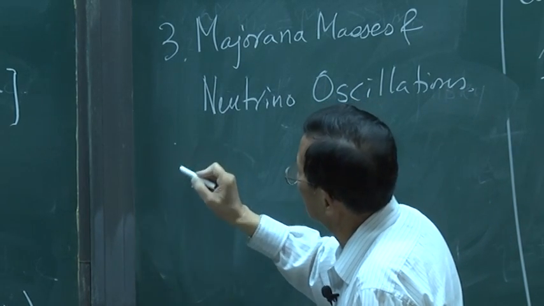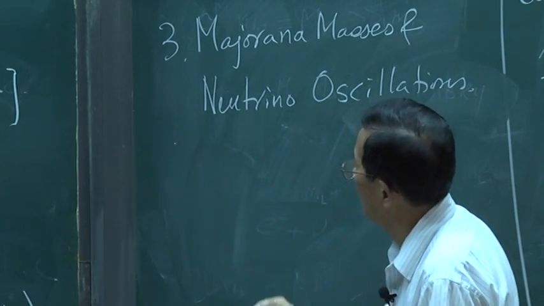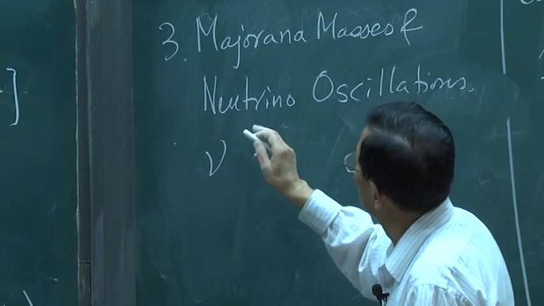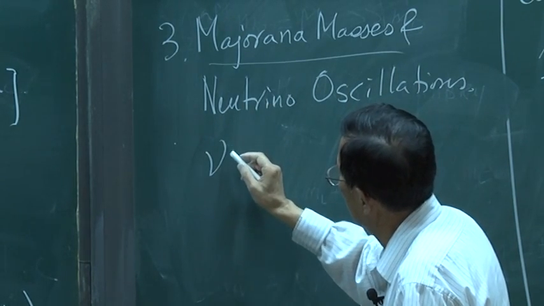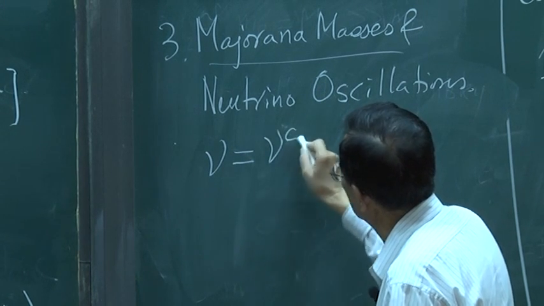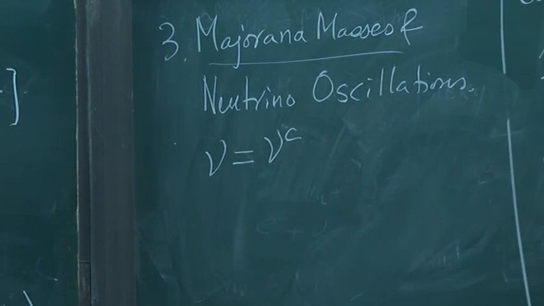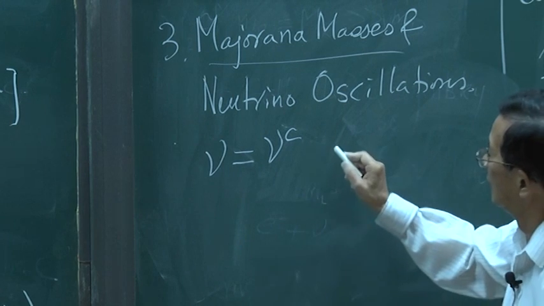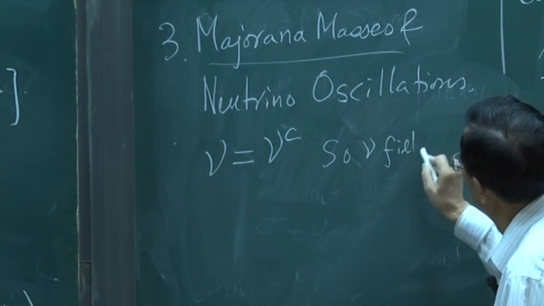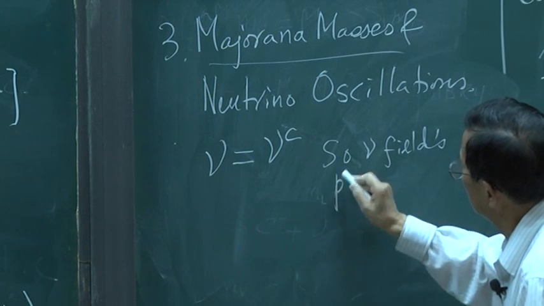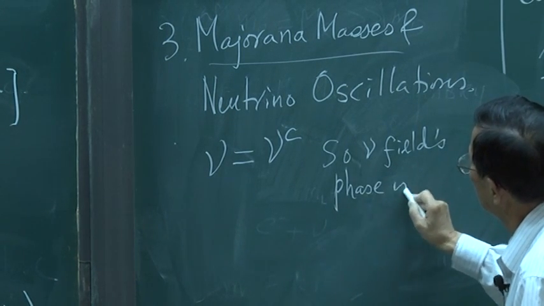The question is, if you have Majorana neutrinos, then the neutrino is equal to its antiparticle, right? So the neutrino field phase is not arbitrary.